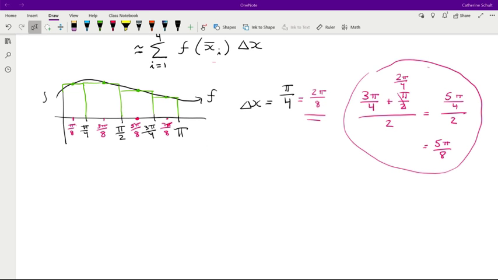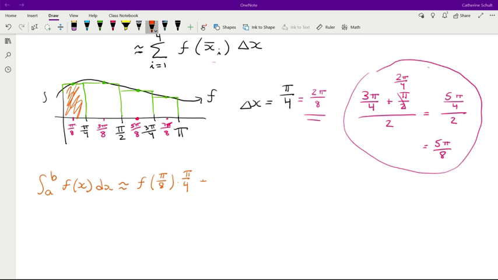So let's write out our complete thought. So the integral from a to b of f of x dx is approximated by, okay, so the height of the first midpoint times delta x, which is pi over 4. All right, so that's that first area.